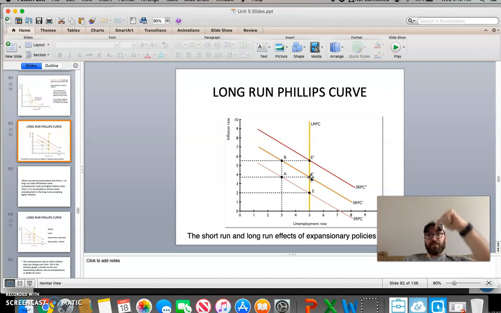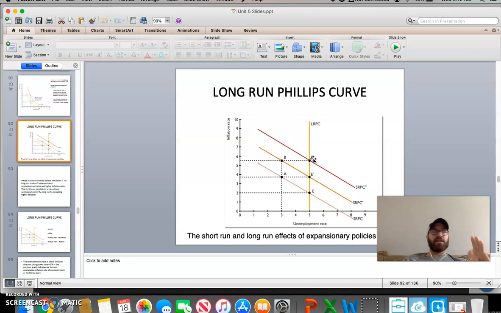As the price level decreased and output increased, we would see the short run Phillips curve fall or move downwards, right? And conversely, if we saw a negative supply shock, we know that that's going to cause an increase in the price level. We would see the short run Phillips curve move upwards, right?